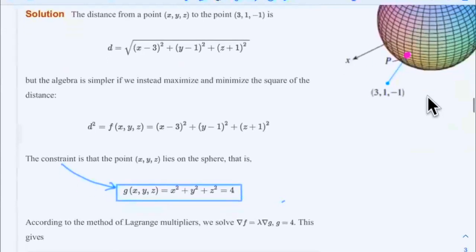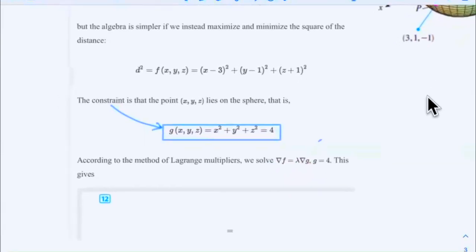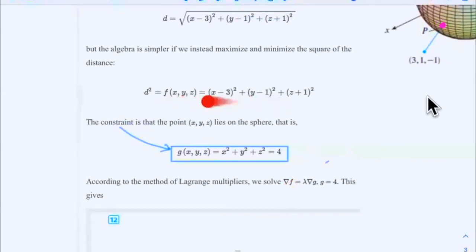Right now, we just need to do the algebra. So again, we do this. The gradient of f is lambda times the gradient of g, right? So what is the gradient of this f? Remember, this is a function f.